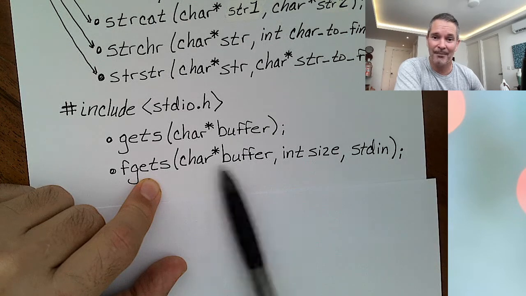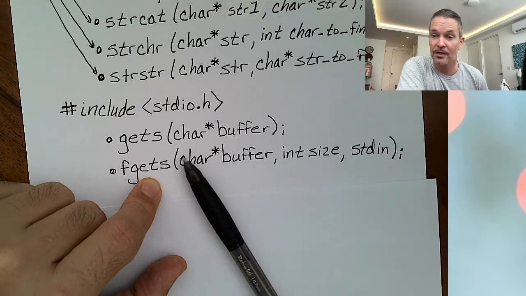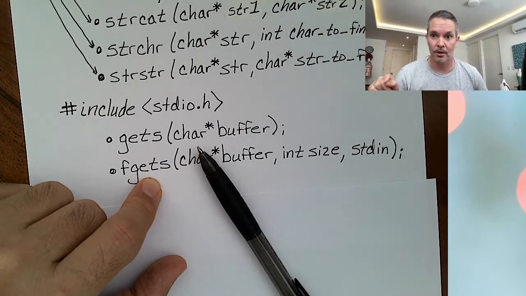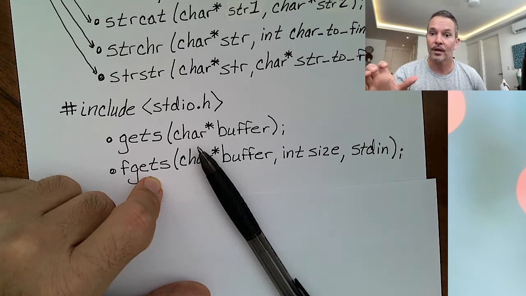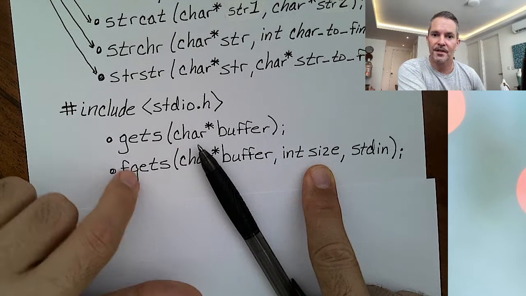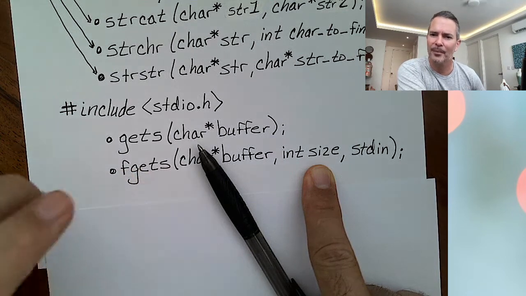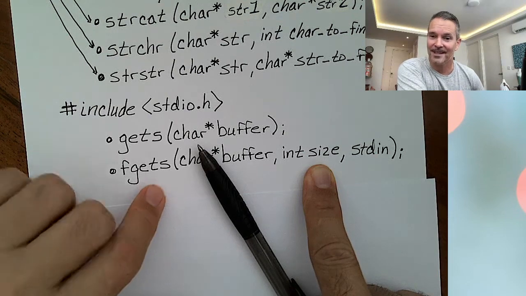So we can say, hey, my buffer's only 100 characters, so read from the screen until you get a return. It's called a new line, until you get a new line, or until you reach the maximum size of my array. So this fgets is a more popular and safer way to get a string from the screen.